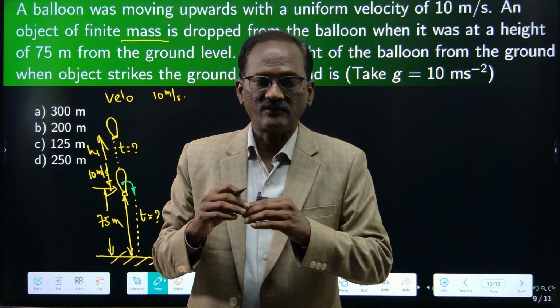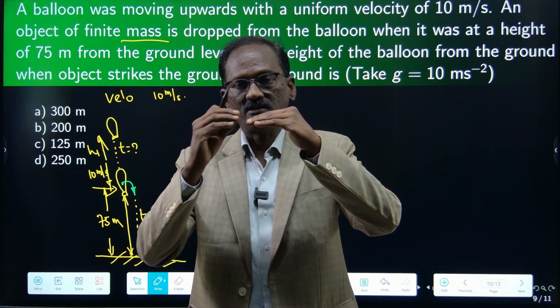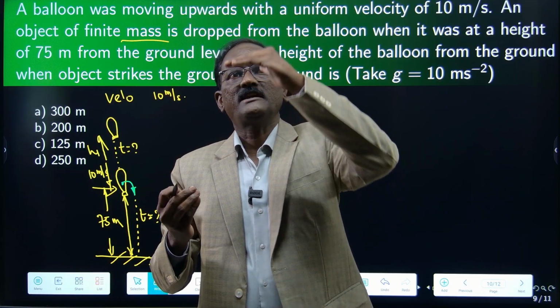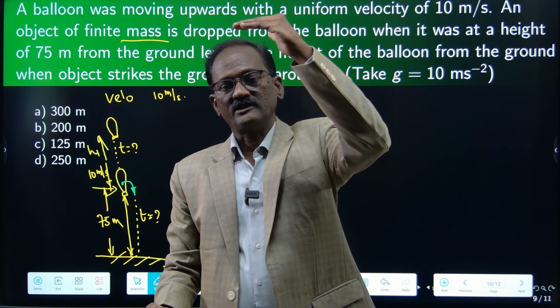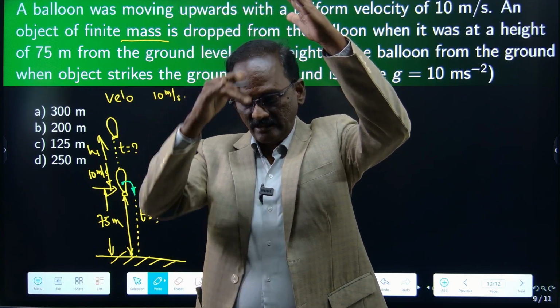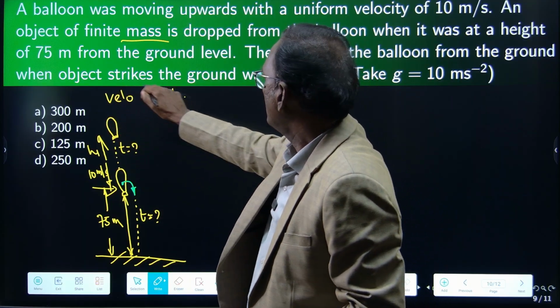You read the problem carefully. At 75 meter height, an object is dropped. Then the stone is coming down. Simultaneously, the balloon is going up. The stone is taking some time to reach the ground. That time, the balloon will be at some height. What is that distance? The distance must be calculated from the ground.